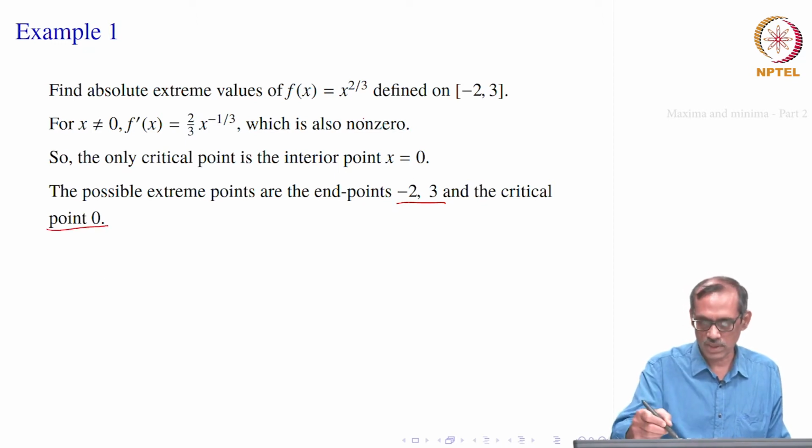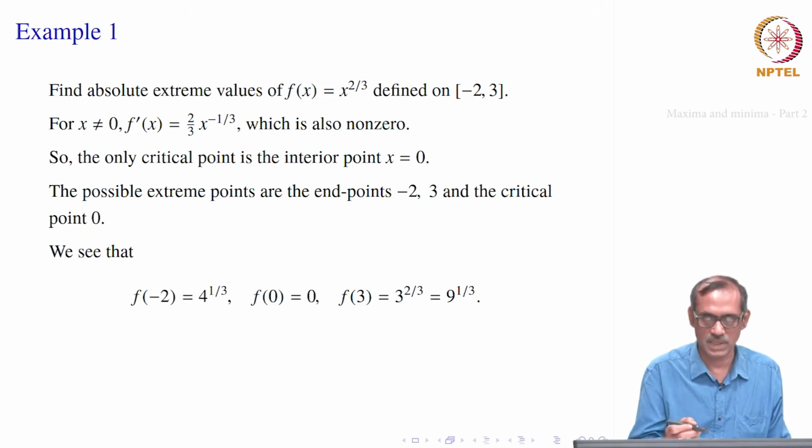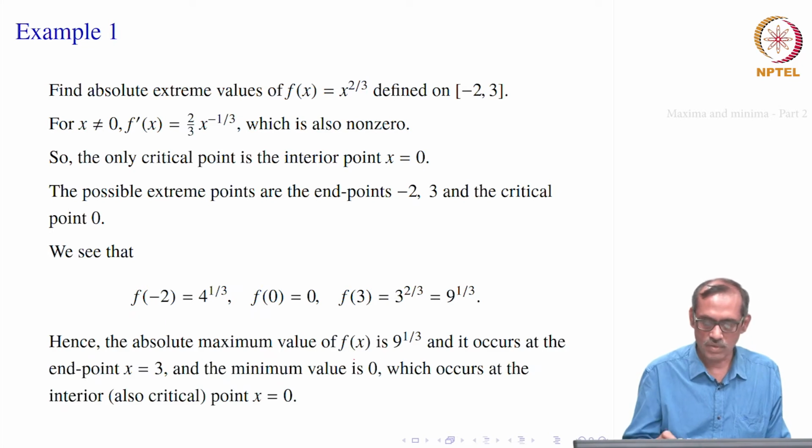Then all that we have to do is compare the values and find out which are the maximum or minimum. So, f of minus 2 we find is 4 to the power 1 by 3, and f of 0 is 0 of course, and f of 3 is 3 to the power 2 by 3, which is 9 to the power 1 by 3. Now, out of this we find that maximum is 9 to the power 1 by 3 at 3, and minimum value is 0, right.